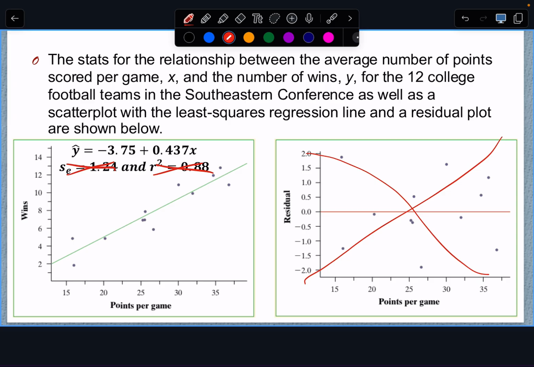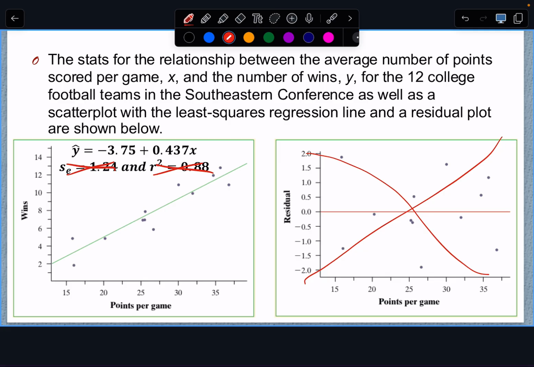So based on this regression line, if I wanted to interpret the y-intercept here, x was the number of points scored per game, y was the number of wins that team would have.